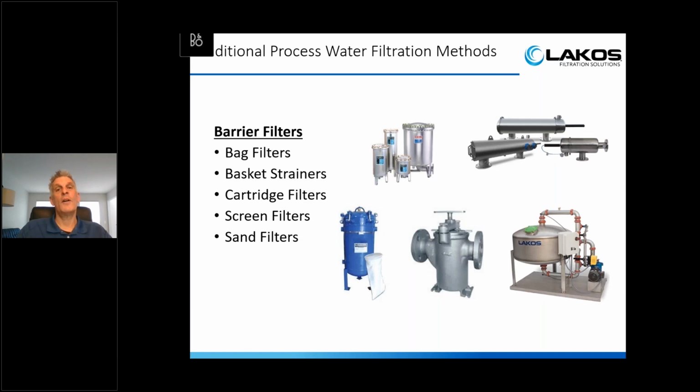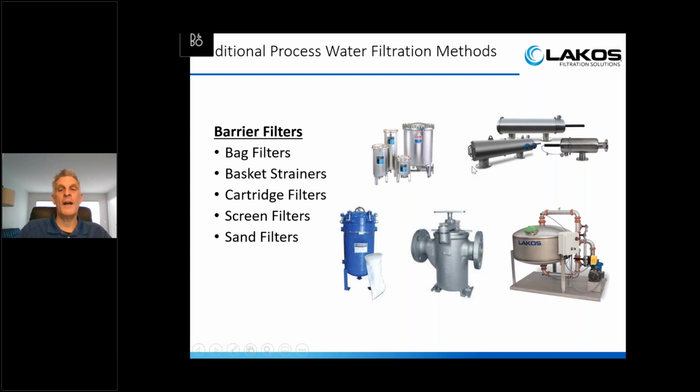Traditional process water filtration methods in most plants include, for the most part, barrier filters. As we look here, you'll see a variety of different types of barrier filters, from bag filters to basket strainers to cartridge filters.